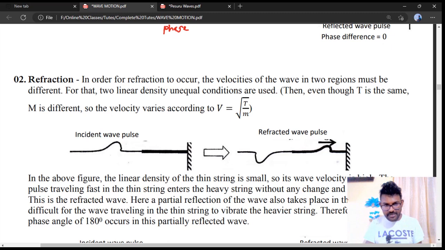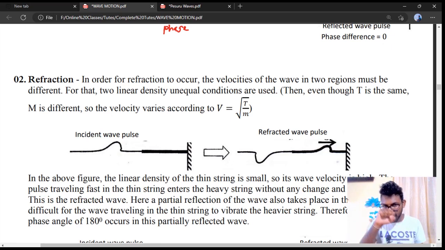But once they reach here, they find that heavy string. So the wave has to lift up the heavy string, kind of hard, right? It won't be an easy task, but when the wave is propagating forward, it should somehow lift up the particles in the heavy string as well.